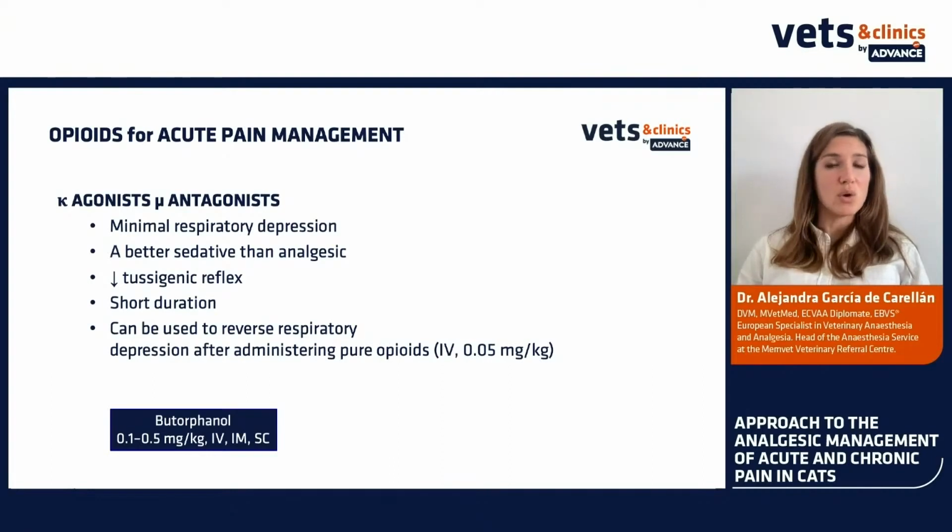It's true, we use it a lot for sedations and for minimally painful procedures or diagnostic imaging. It causes minimal respiratory depression, and it has antitussive effects. It has a short duration of action and can be used to reverse respiratory depression after administration of pure agonists. However, the analgesic effect of butorphanol is very limited.